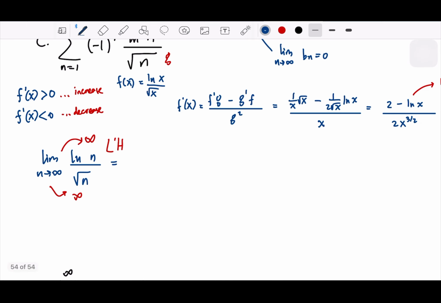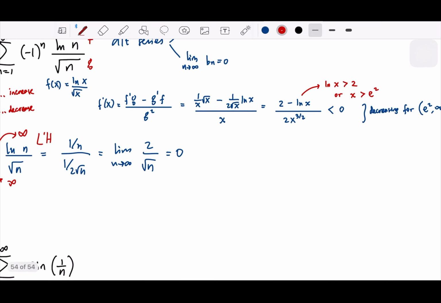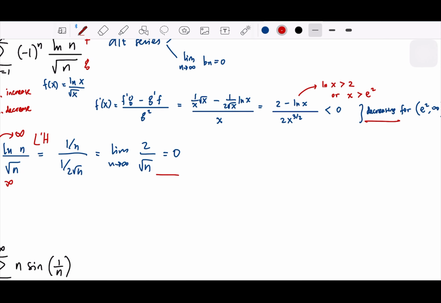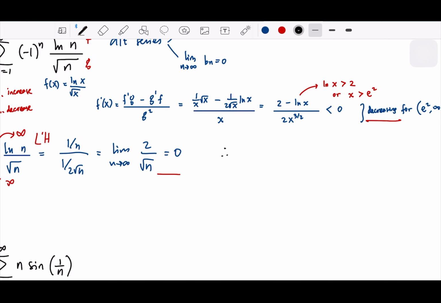So we have 1 over n and 1 over 2 square root of n. So we have the limit of 2 over square root of n, which is 0. So by both of these, it's decreasing and it's going to hit 0, then the conclusion is the series converges by the alternating series test.